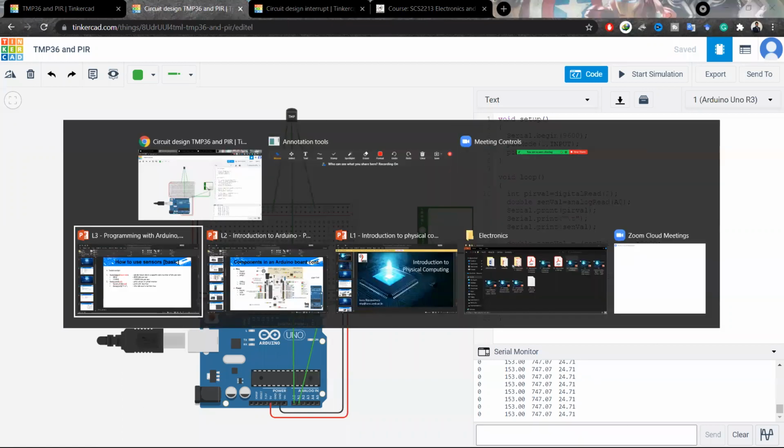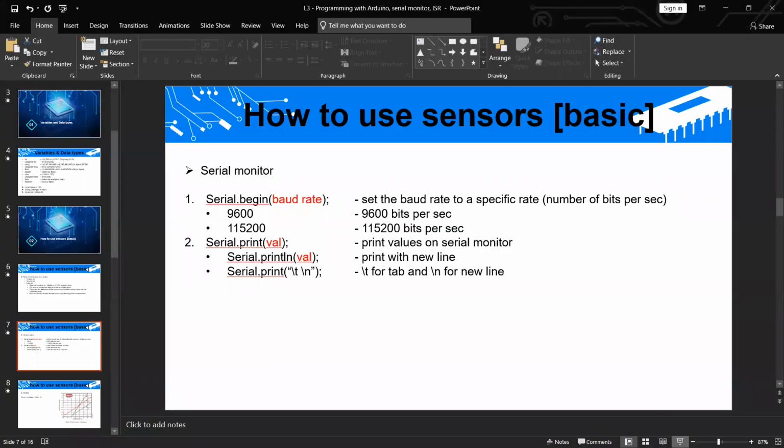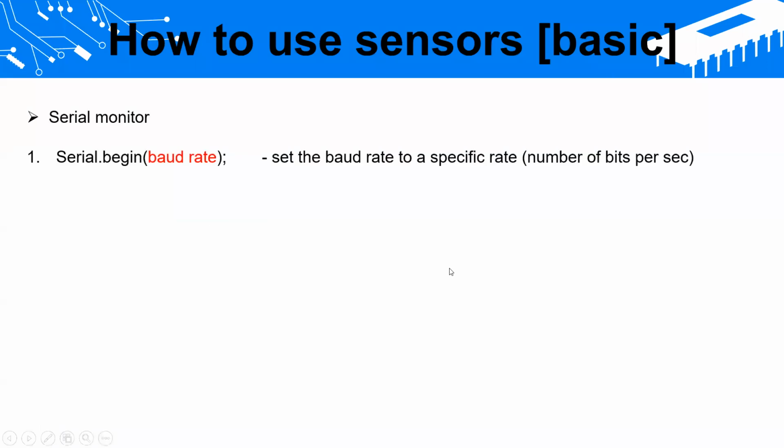To use the serial monitor, you should first define the communication aspects, that is, the baud rate you are going to deal with. When you are programming in the Arduino, in the setup you should specify the number of bits you're going to communicate using serial communication. For that you can use Serial.begin, which means you're going to start the communication.